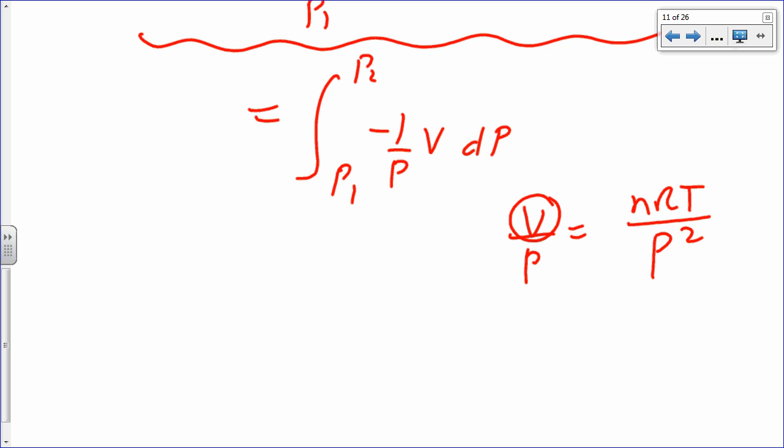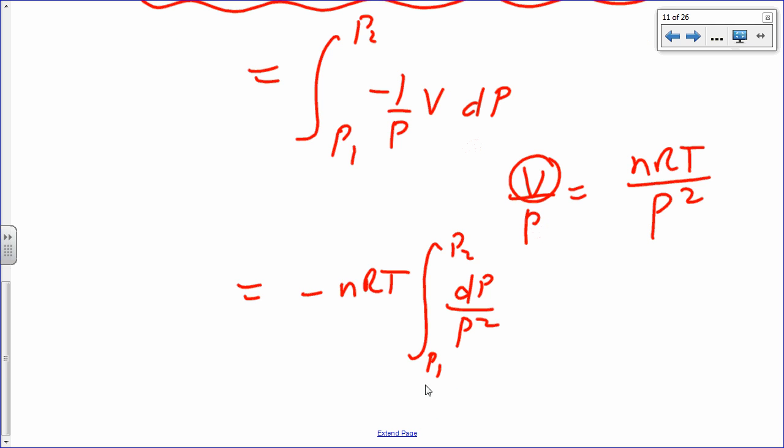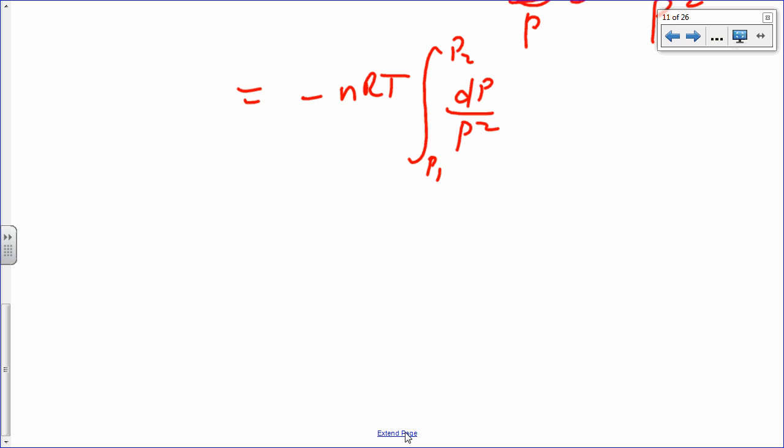Okay, so V over P is nRT over P squared. So you can put that in there. It's going to be negative nRT. You can pull that out of the integral. Integral of dP over P squared, okay, from P1 to P2. What is the integral of dP over P squared?